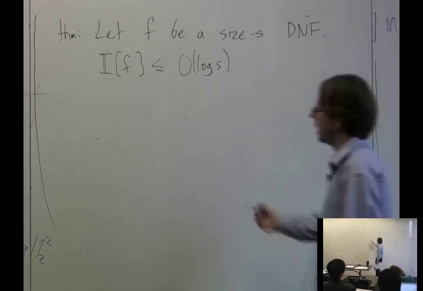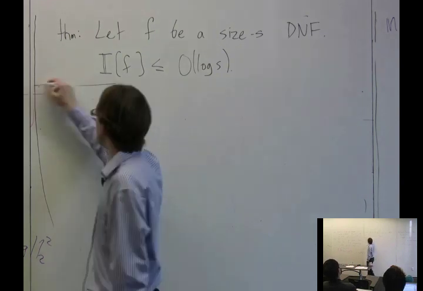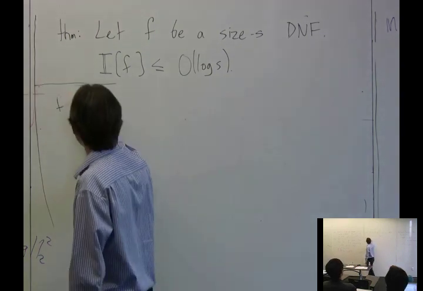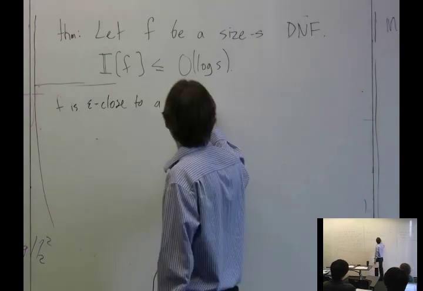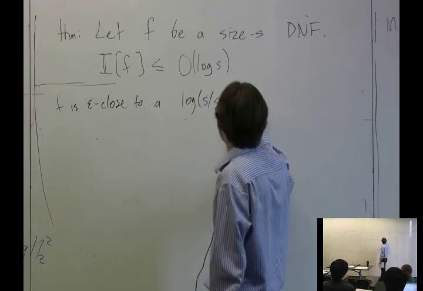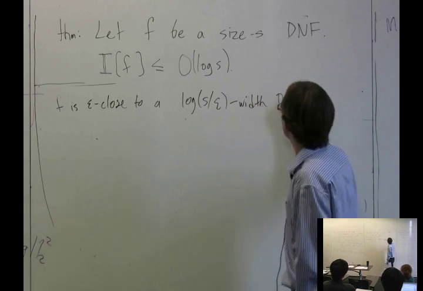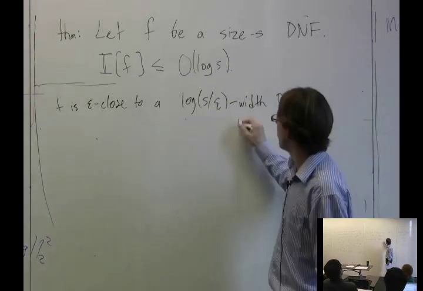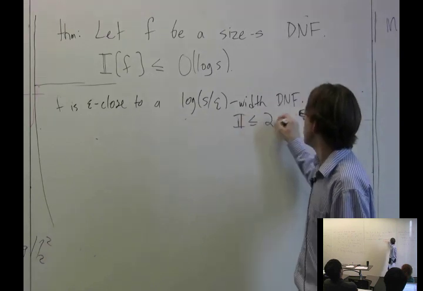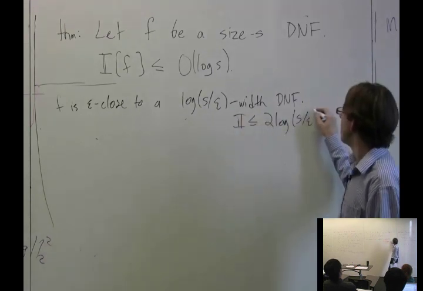In my head, I would think, okay, we know that f is epsilon-close to a DNF of width log s over epsilon, and this has total influence at most 2 log s over epsilon.